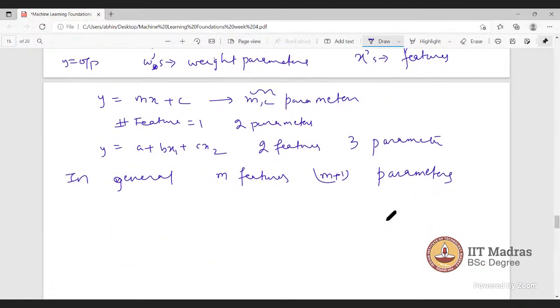Okay, so we can write this equation in vectorized form as the sum of wi xi, i equal to 1 to n. So basically it will consist of a dummy feature plus all other features.